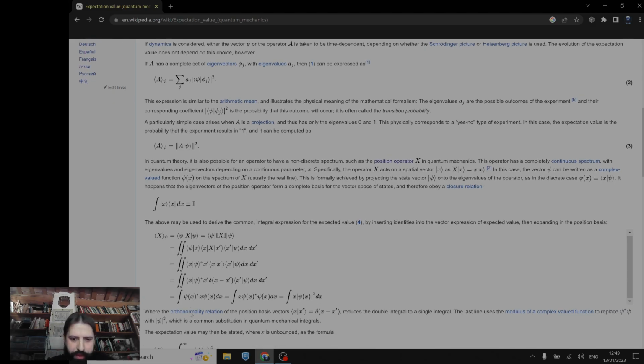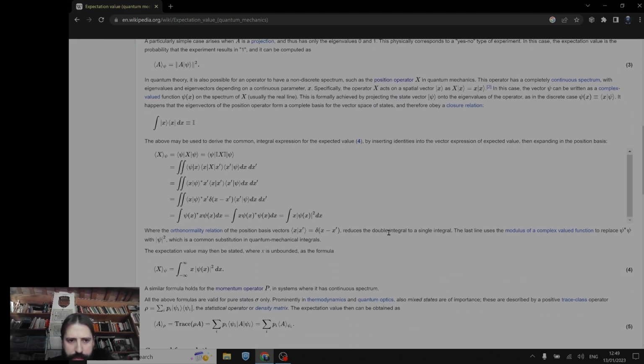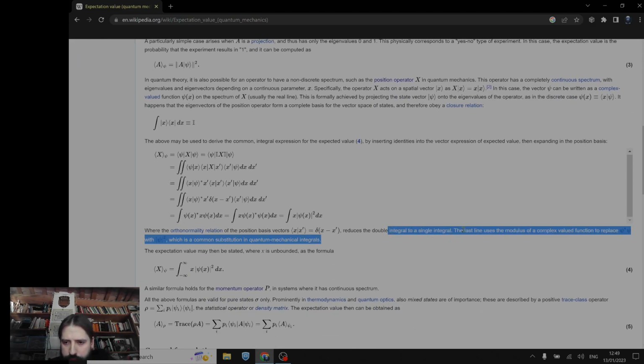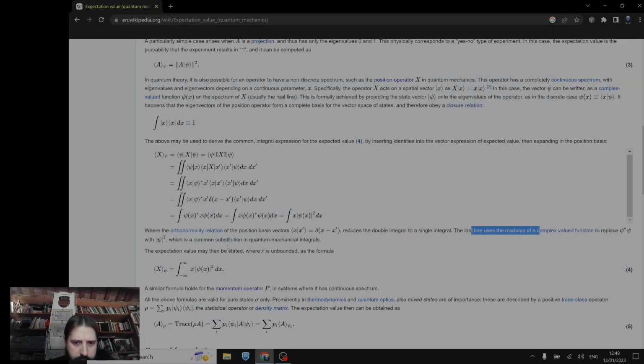Where the basis vector to a single integral. To the composition in quantum mechanical integrals.